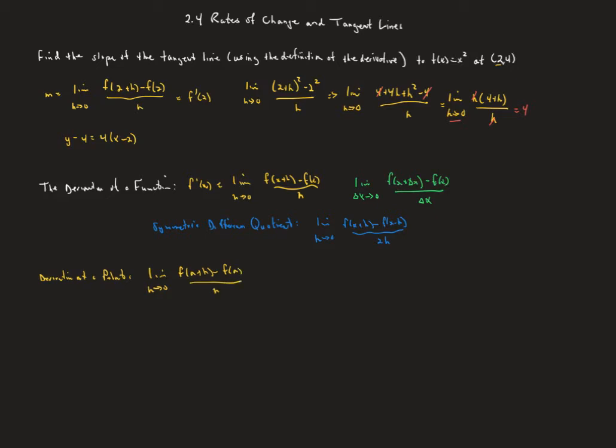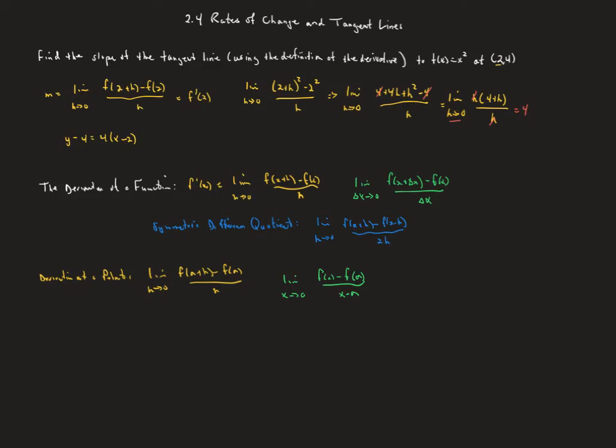The other version is the limit as x approaches a of f of x minus f of a, all over x minus a. Some books call that the alternative definition of the derivative.